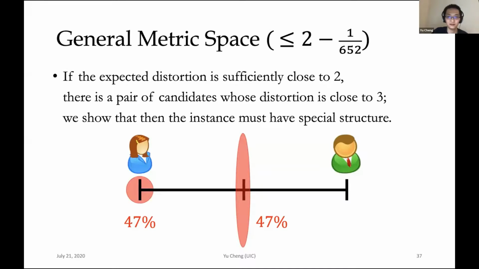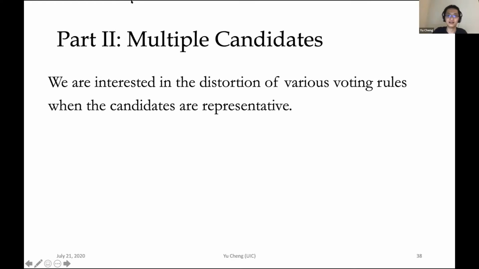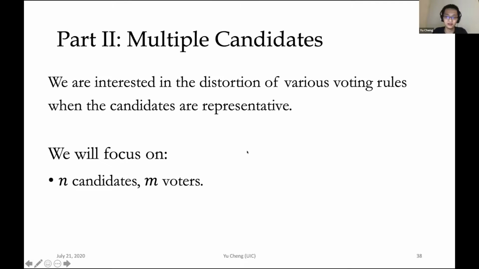Cool. Okay, so I'm going to move on to the next part, which is voting with multiple candidates. We're still in the same setting where we consider candidates drawn IID from the voter population. These are the notations: we're going to focus on elections with N candidates and M voters, although we pretty much never use M. So just remember there are N candidates.